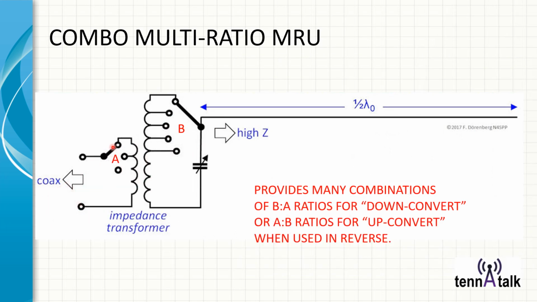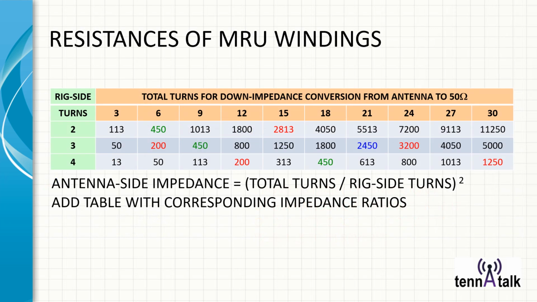Another thing you could do is you can put taps on the primary. So if you have 2, 3, or 4 windings on your primary and multiple taps on the secondary, you can have a wide variety of ratios that you can create. And here's an example of some different ratios.